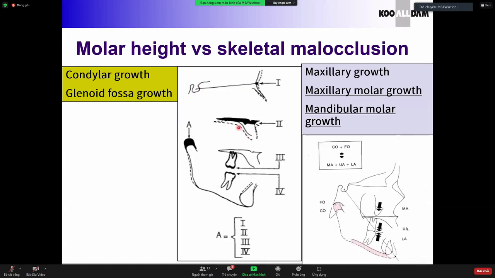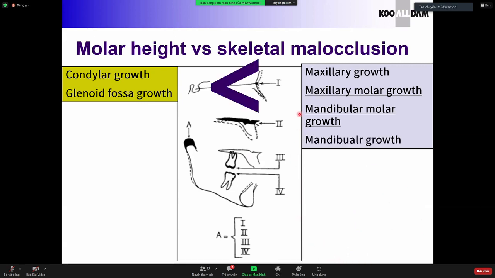So if there is a balance between the anterior and posterior part, the lower jaw grows well along the Y-axis. However, if the anterior part exceeds the posterior part, what happens?